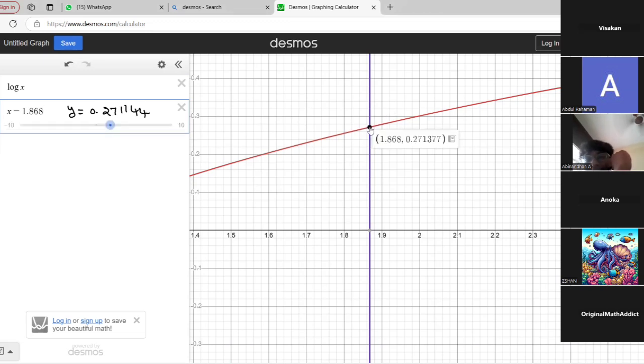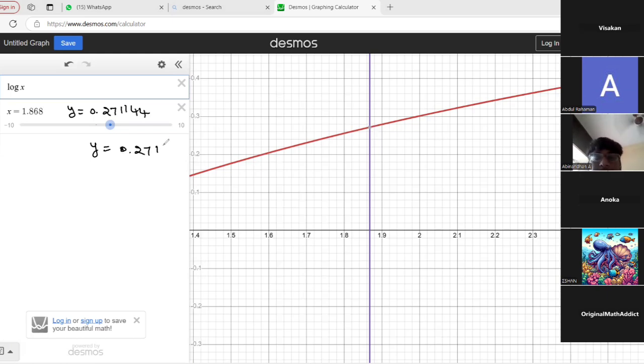What value are we achieving? Did you note it down? 0.271377, right? Yes, sir. So this is the value we are achieving for x equal to 1.868, and this is the value for x equal to 1.867.